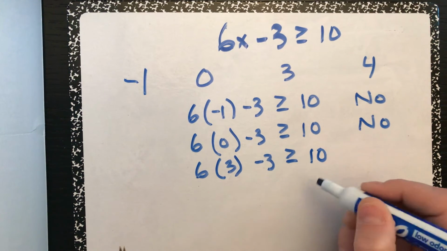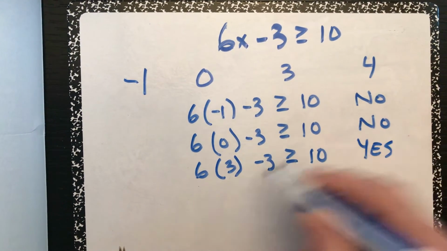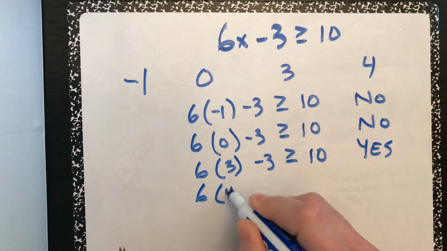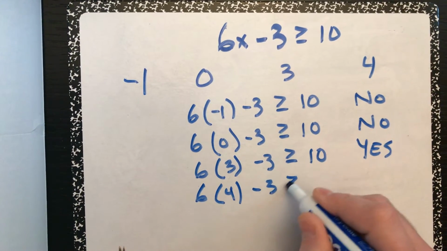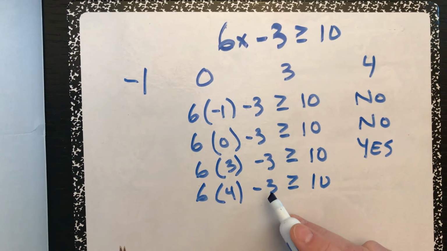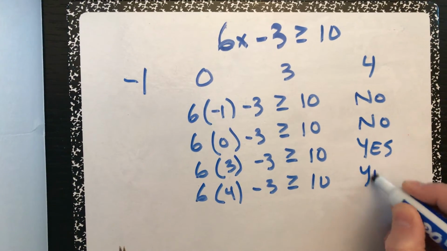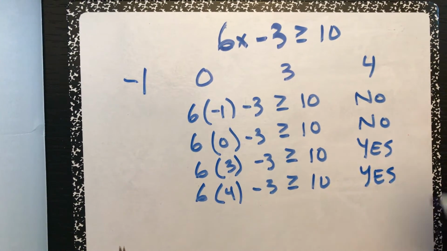Is 15 greater than or equal to 10? Yes, it is. And then you do 6 times 4 minus 3. 6 times 4 is 24. 24 minus 3 is 21. Is 21 greater than or equal to 10? Yes, it is. So sometimes they'll give you those types of problems.